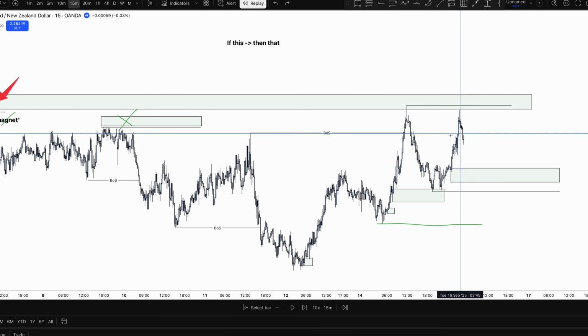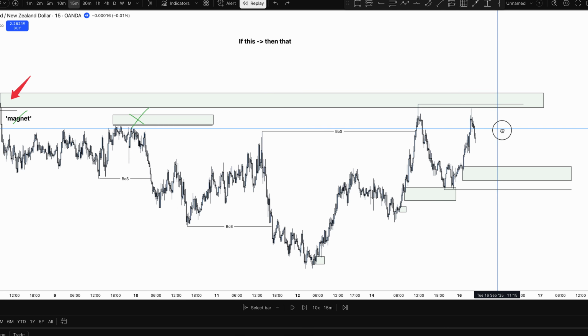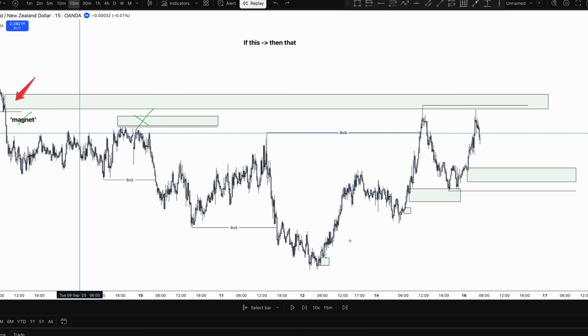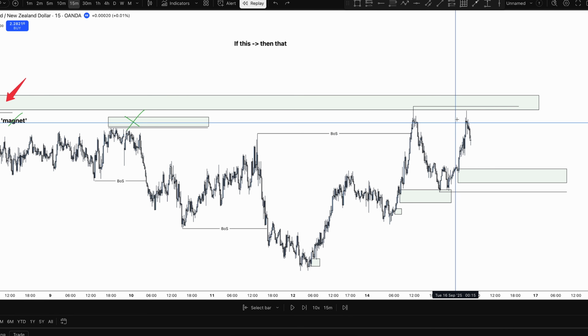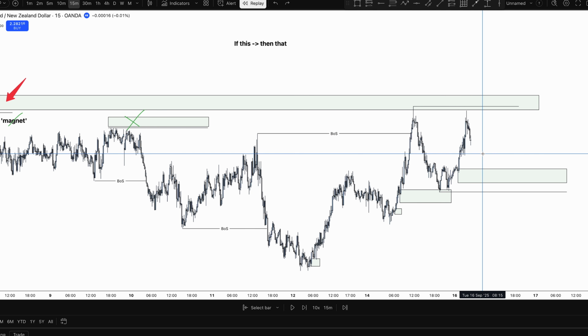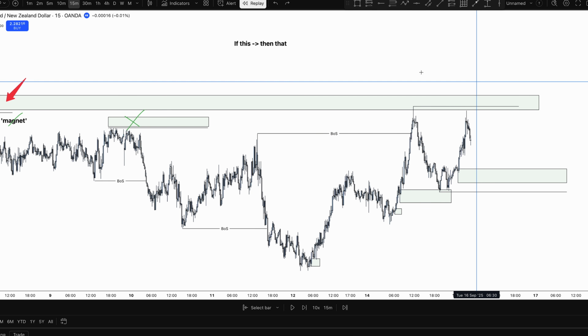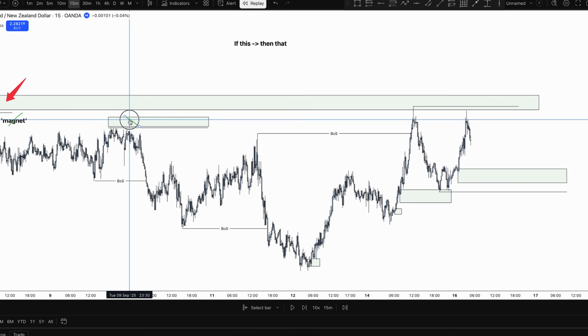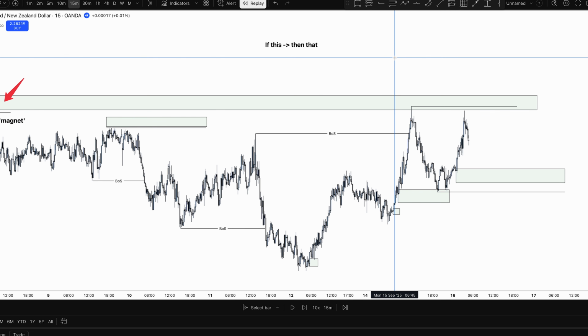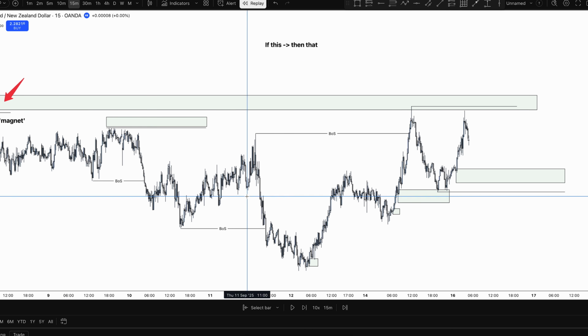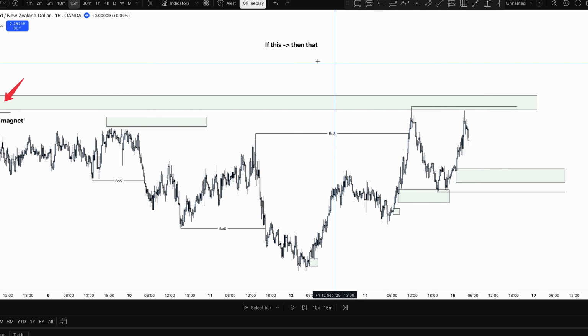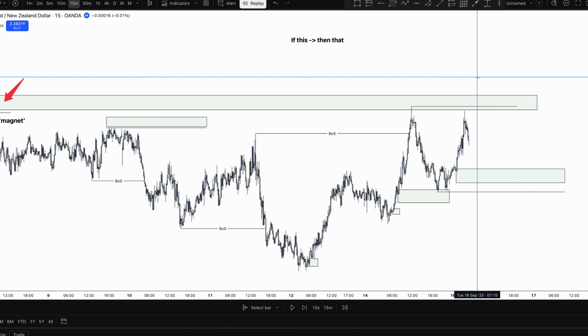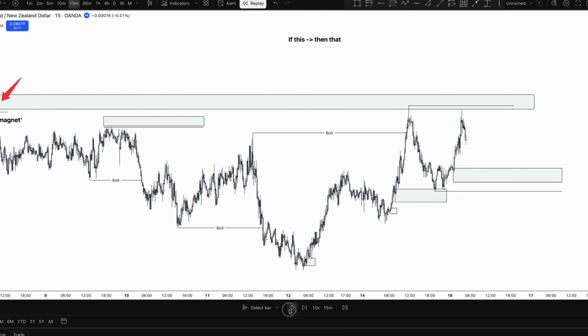So by creating these if this then that scenarios in your trading, you use all of the information you've read from the market and you create simple scenarios that you simply trade in whichever direction the market tells you to trade them, okay? And this is how we read the markets based on the information I've given you. We're not trying to see the future or do anything mystical or magical. We are simply reading the information the market's given us in the way that we have, and then creating simple if this then that scenarios out of it, okay? So let's take a look at what happens next.